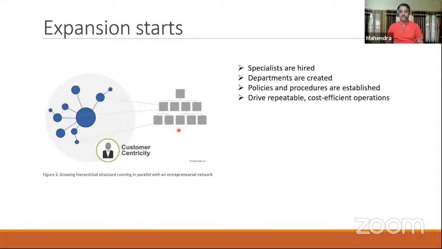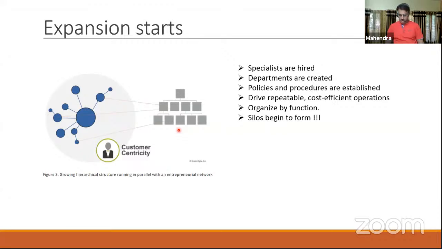Okay, thanks. So the focus is to have cost efficient operations and a repeatable model, and people start getting organized by functions. In a typical IT industry, it could be the dev function, testing function, support, and so forth.